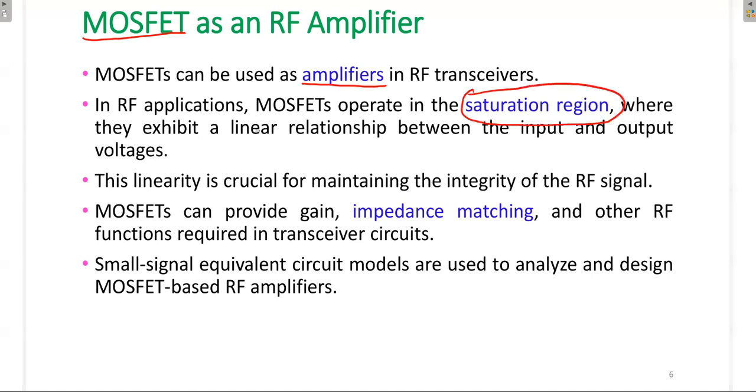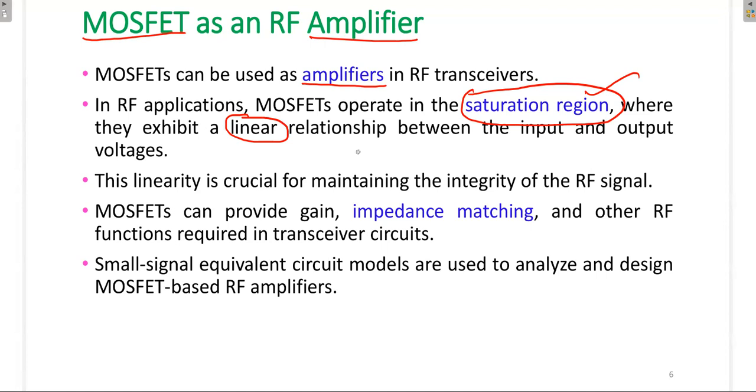When we want to use it as an amplifier, MOSFET has to be operated in the saturation region. We know that for any amplification, the device has to exhibit a linear relationship between the input and output. Then only we will get the output without any distortion.